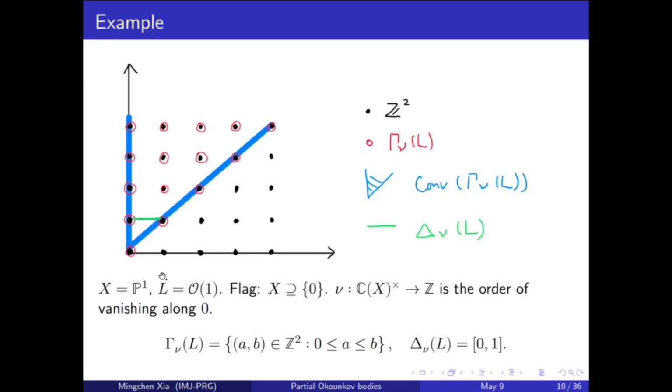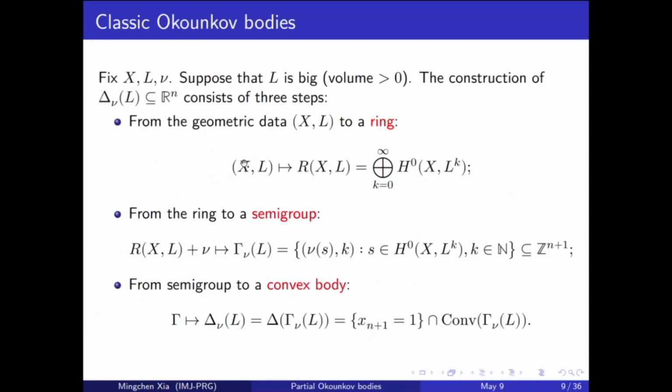If you consider the corresponding order of vanishing along the point 0, there are only 2 choices. Either it doesn't vanish or it vanishes to the order 1. So you see that there are only 2 points here on level 1. And similarly, on level 2, you have 3 points because the order of vanishing could vary between 0, 1, and 2. And similarly, you can construct the same thing. And eventually, the red points correspond to the semigroup, the Gamma_nu(L) on the previous page.